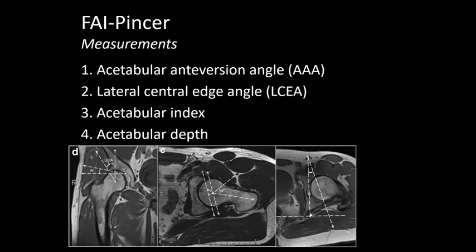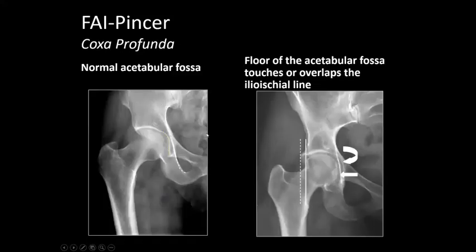So if we notice on the radiograph there is acetabular over coverage of the femoral head, then we would assess the acetabular version, we would assess the acetabular depth or femoral head depth within the acetabular socket, we would do the lateral central edge angle, and then we would do the Tönnis angle measurement. So we do all these measurements when we have a patient with suspected pincer femoroacetabular impingement.